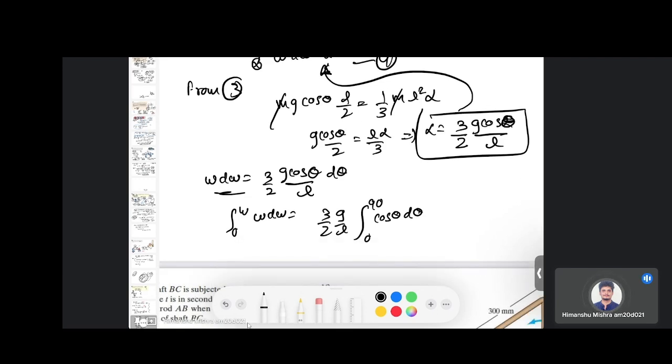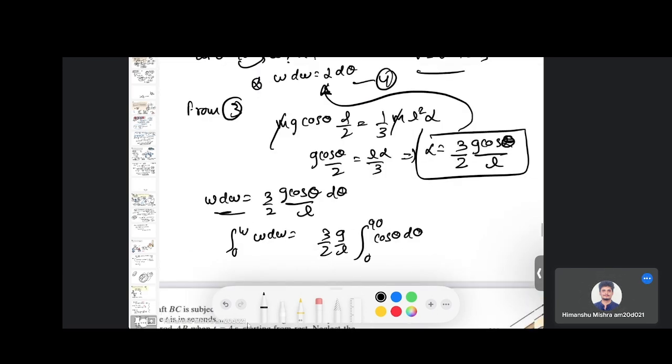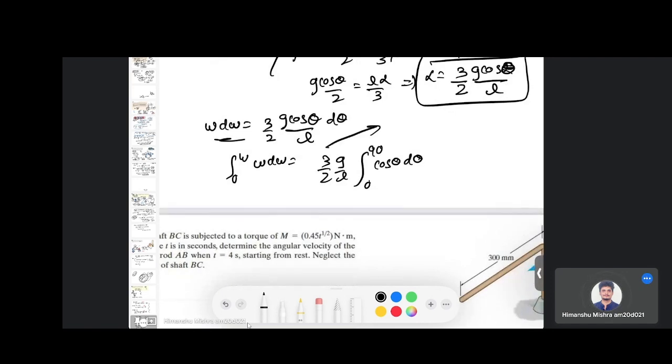So what you will get when you integrate this equation is omega square equals 1.5 g by L, and cos will become sine theta at limit 0 to 90. So your omega square will be 3g by L. So this is our omega square.